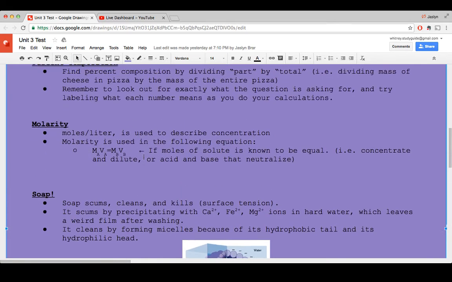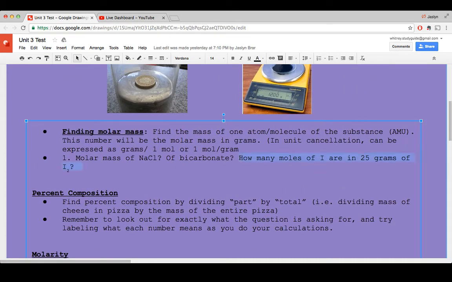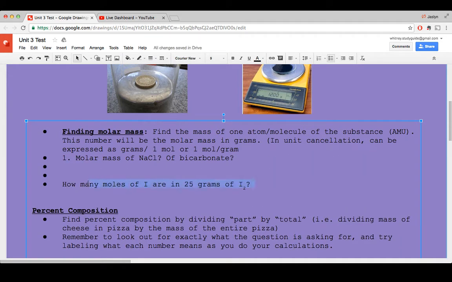So the sample problem is right here. How many moles of iodine, so like one atom, like non-diatomic iodine, are in 25 grams of I2? And I'll make that bigger.